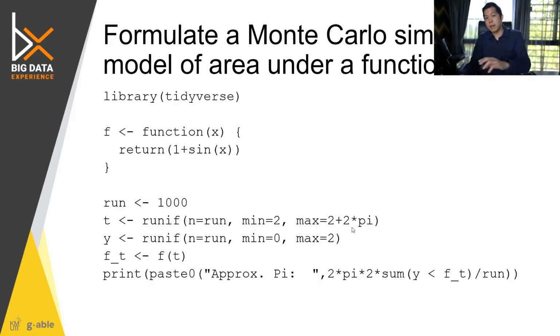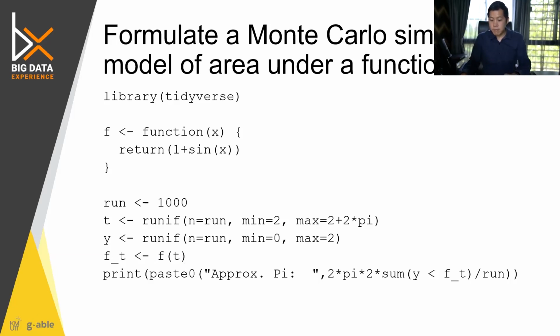Right, so this means that I sample the t axis, the x-axis, and then I sample the y-axis, and then after that I will get something like the ordered pair of t and y. I use t to calculate using the function, meaning that for every t there will be the value f.